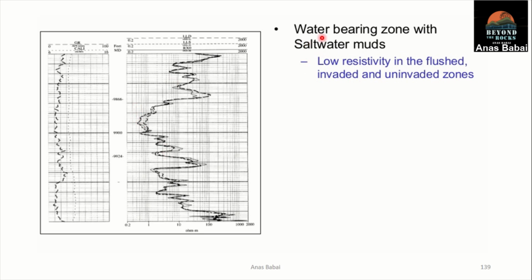Since the formation is water bearing, and it contains salt, it will have high conductivity and low resistivity. In the flushed, invaded and uninvaded zones, all of them will only contain either formation water, which is low in resistivity, or the drilling fluid or salt water from the drilling fluid, which is also low in resistivity.